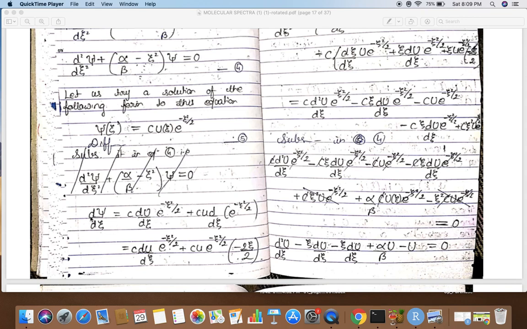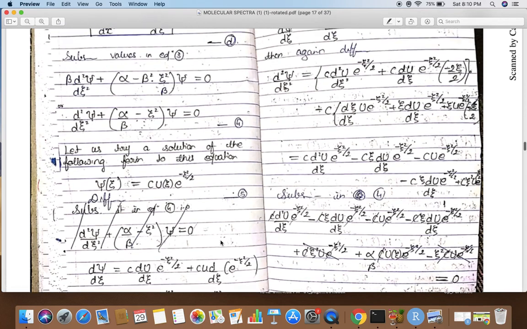In that case, just taking the first derivative, d psi by d xi. You have two functions. The c is your normalization coefficient, then u and the exponential are the two functions of xi. Differentiating one by one, this is c du by d xi exponential of xi square divided by 2, plus c u, then differentiating the exponential, minus 2 xi by 2, because taking the differentiation of this one.